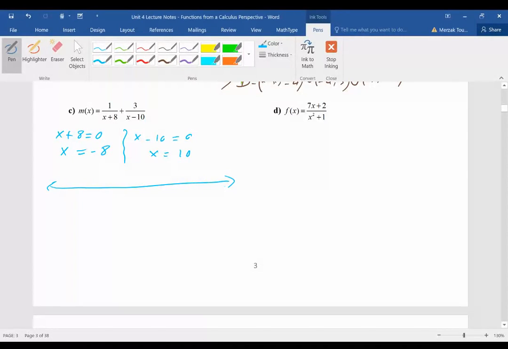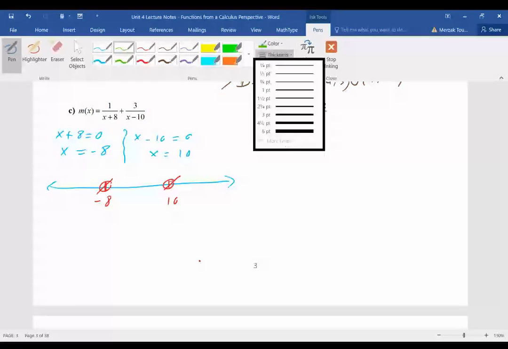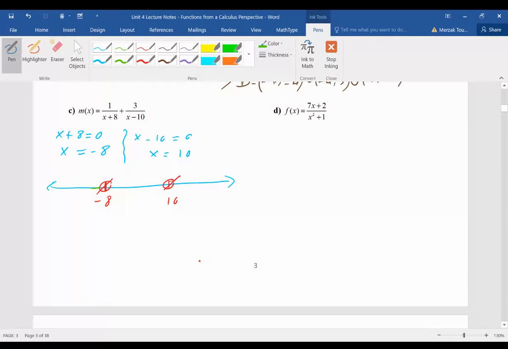We can draw a number line. We're excluding -8 and then 10. We want to make sure those two values are not in the domain. So anything else is in the domain. So everything from -infinity to -8, excluding -8, anything from -8 to 10, excluding both -8 and 10, anything from 10 to infinity, of course, excluding 10.